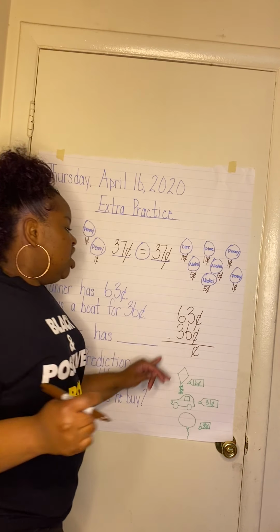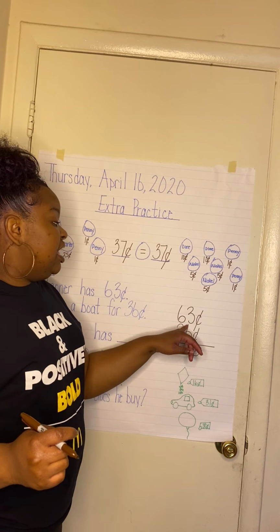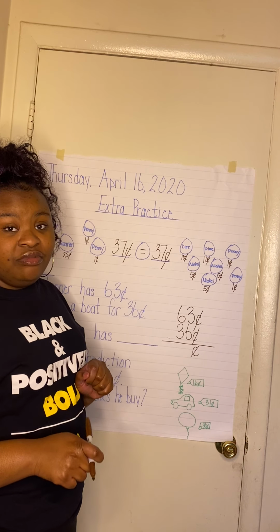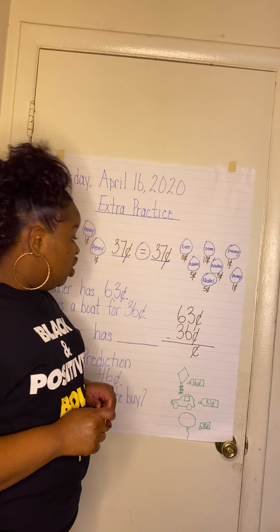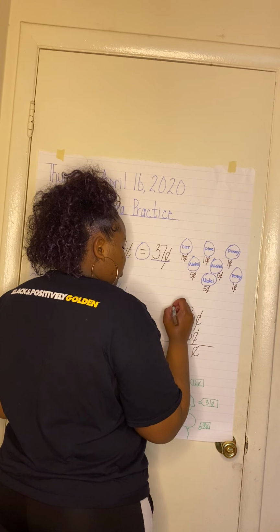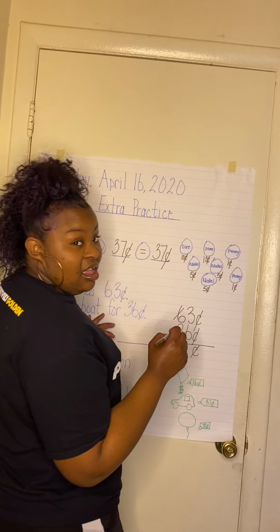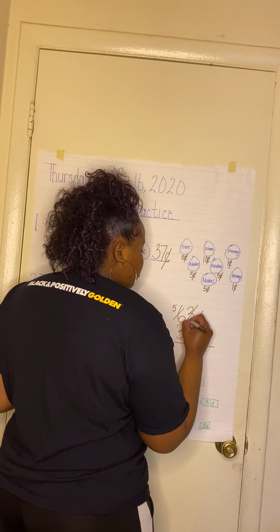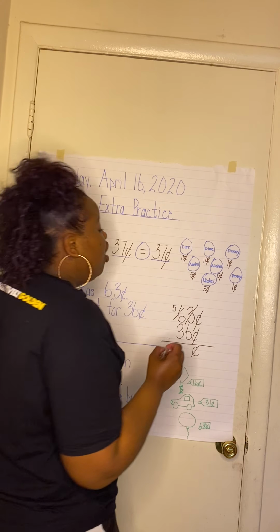All right. So can I take 6 from 3? I cannot. So what do I need to do? I need to regroup. So in order to regroup, I must take a 10 from here, which makes that 6 a 5. And then I add a 10 to my ones, which makes that 3 a 13.